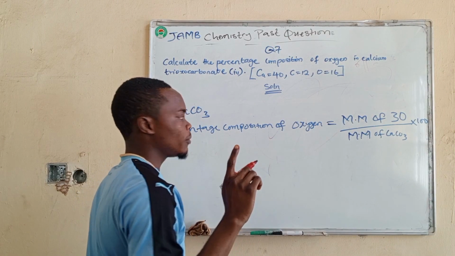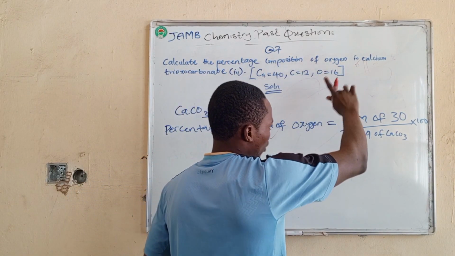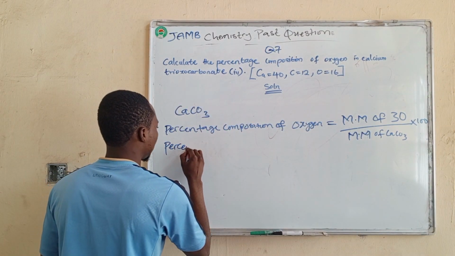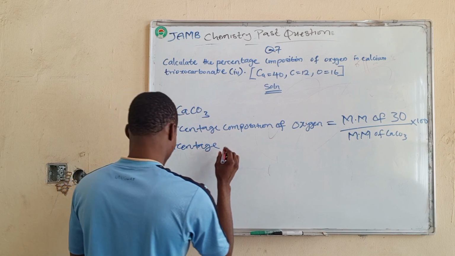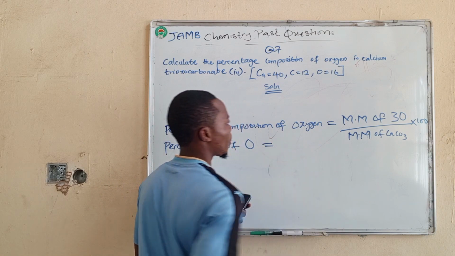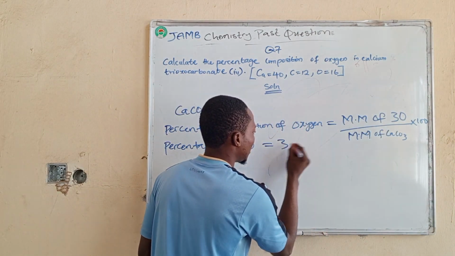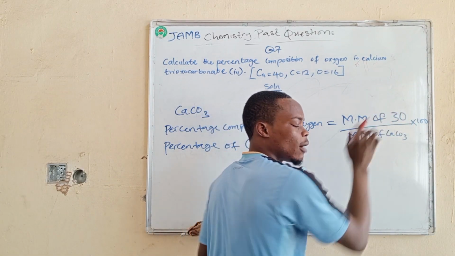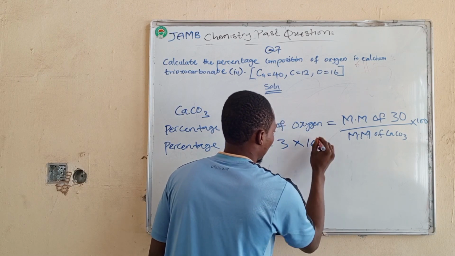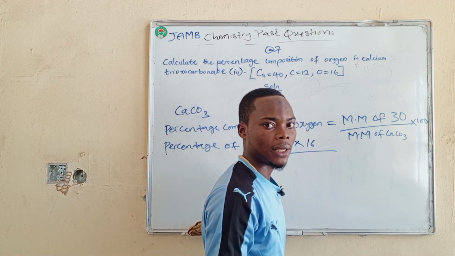Now, recall from the question, you are asked to calculate the percentage composition of oxygen, not the whole compound. Percentage composition of oxygen is equal to, remember that you have 3 atoms of oxygen. That is 3 times what? The atomic mass of oxygen, 16, right? Times 16, all over the molar mass of CaCO3.